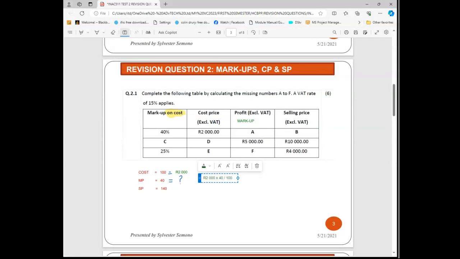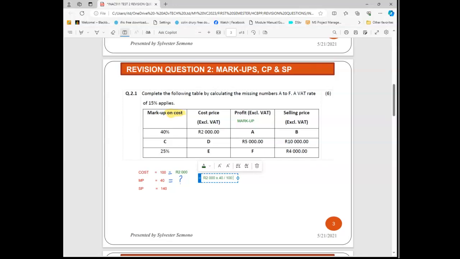Which amount did they give us? 2000. So where did you put 2000? In line with 100. I used 100 because the amount given is put in line with 100. So that's how I put 100 here. I'm just saying it as a technique.